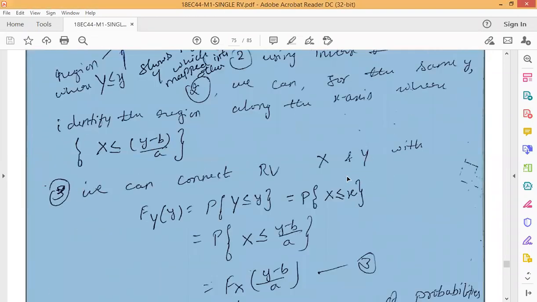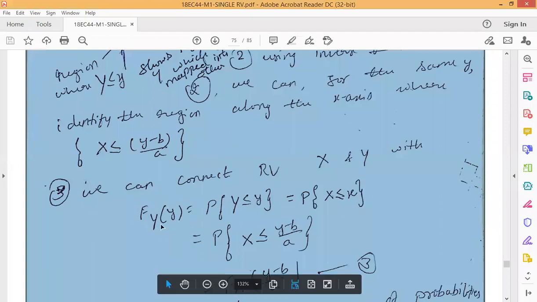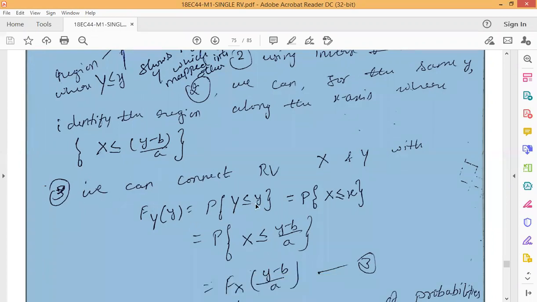Also, the equations 1 and 2 we have seen, that is y is equal to ax plus b and x is equal to (y minus b) by a, these two functions will help us to connect the random variables X and Y. So we can write F_Y(y), that is the CDF of the random variable Y, simply as probability of Y less than or equal to y, which is also equal to probability of X less than or equal to x.